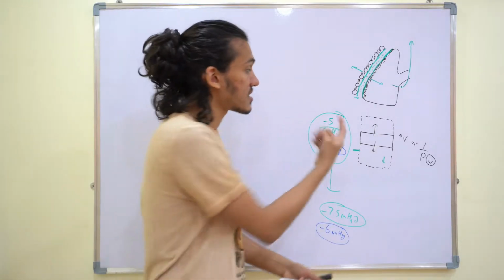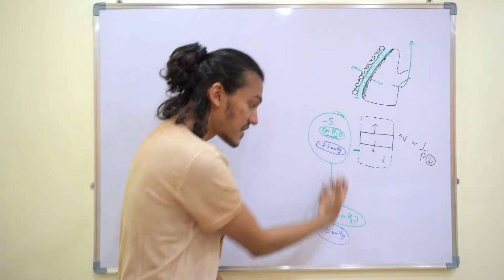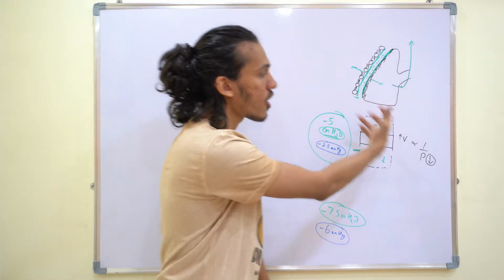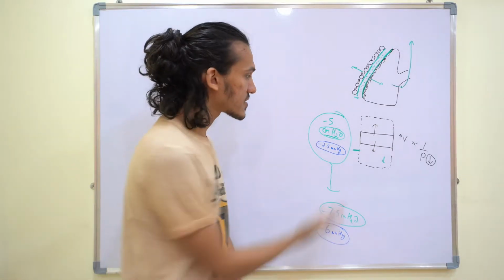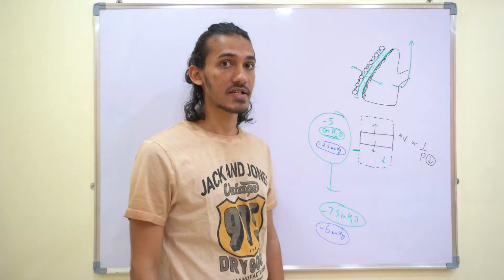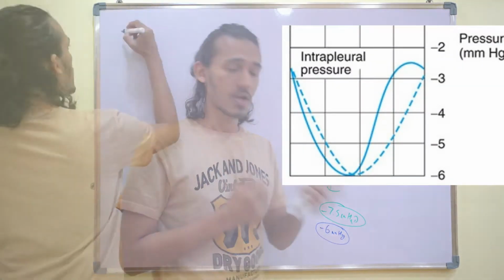So the intrapleural pressure starts off as a negative value, and from that it becomes more negative because of the effect of the inspiratory muscles. So that resulted in it going further down. Now let's come to that diagram.